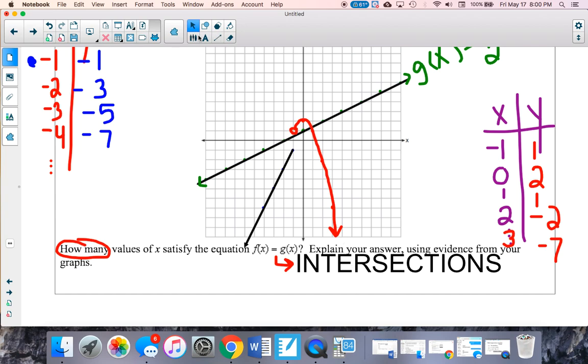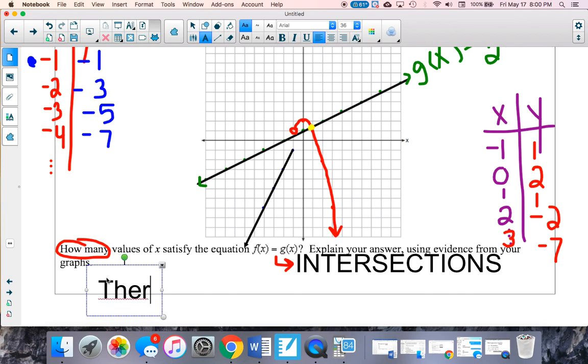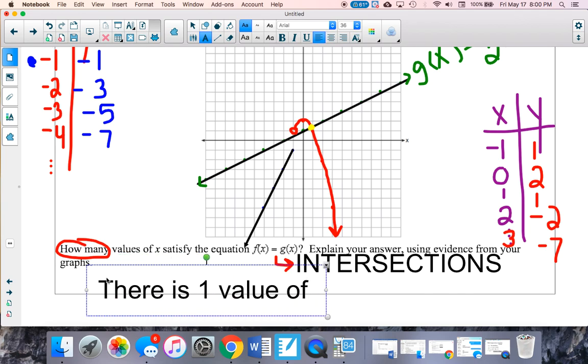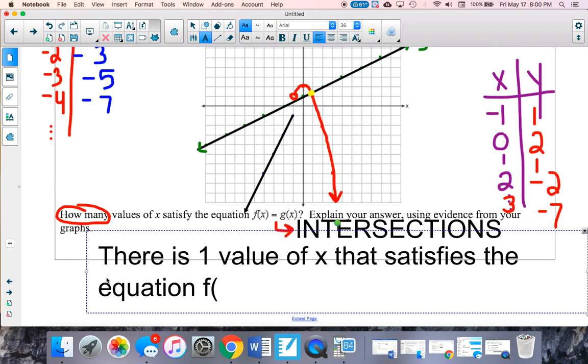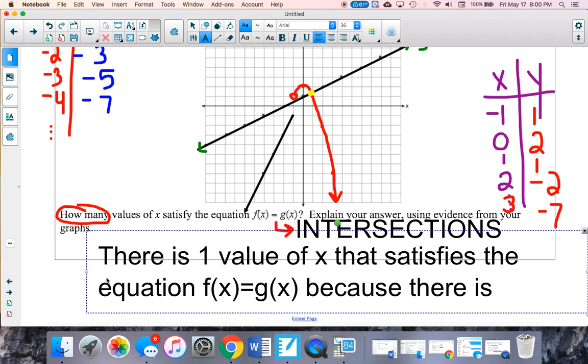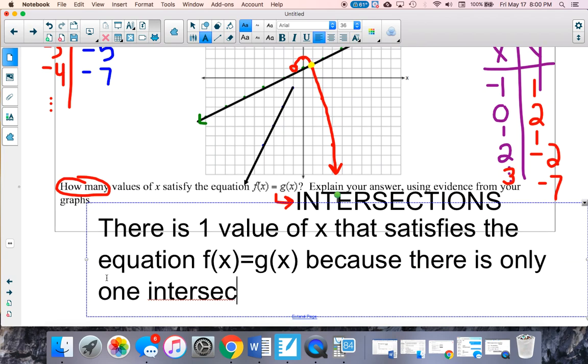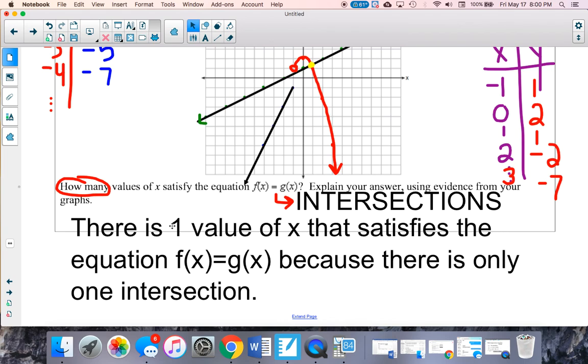Just one, right? We only have this one intersection right here that I've marked in yellow. So if there's only one intersection, there is one value of x that satisfies the equation f of x equals g of x because there is only one intersection.